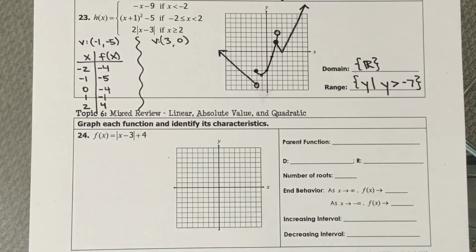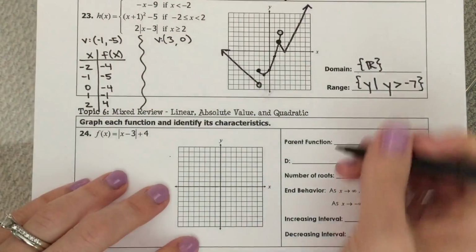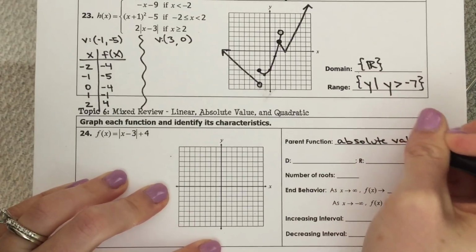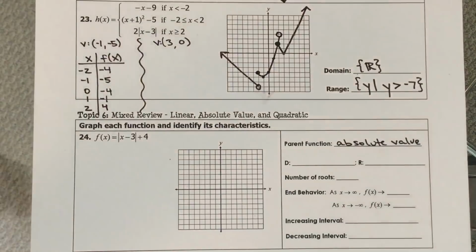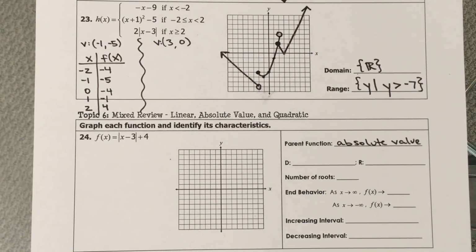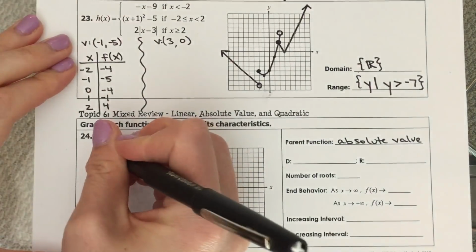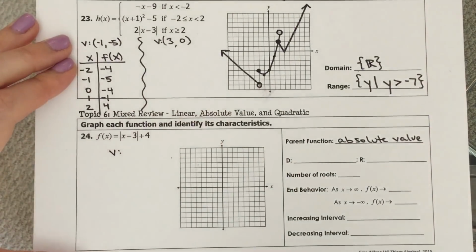So this parent function was an absolute value graph. And they're easy to spot because if it literally has the absolute value symbol, that makes it an absolute value graph. So the thing you want to do is plot the way that we've learned how to plot it first, and then use the graph in front of you to write down all this stuff. So for absolute value, we plotted by using the vertex and the slope.